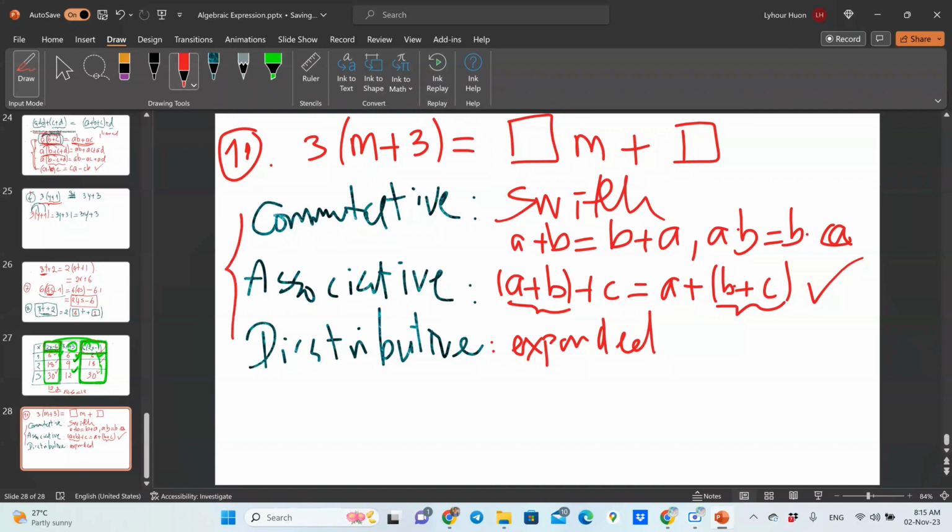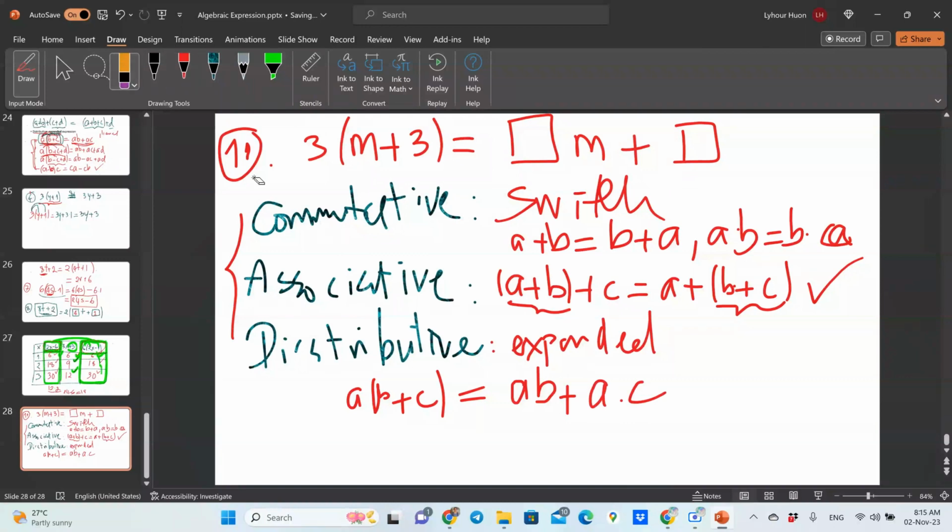For example, A times B plus C will be equal to A times B plus A times C. Correct.